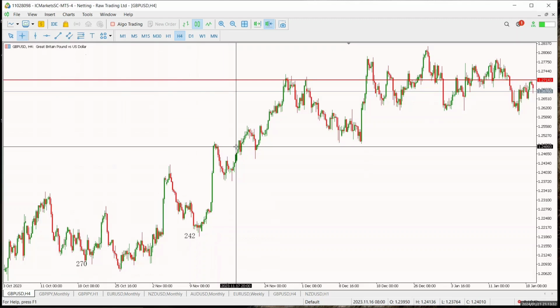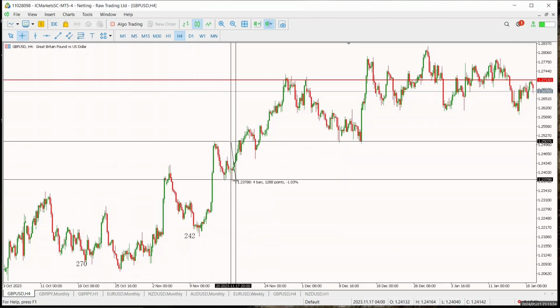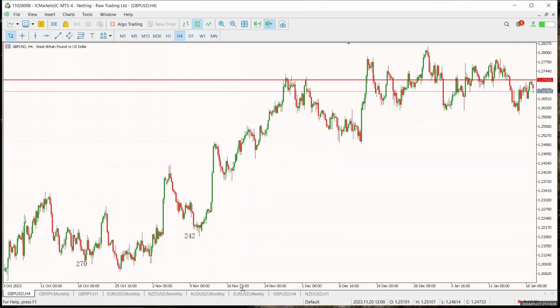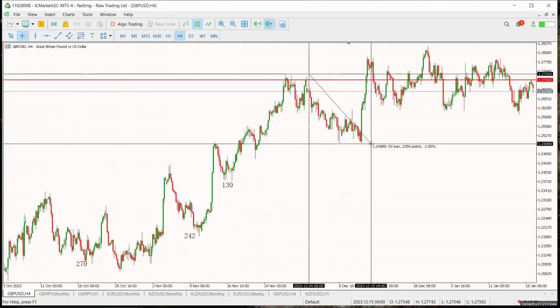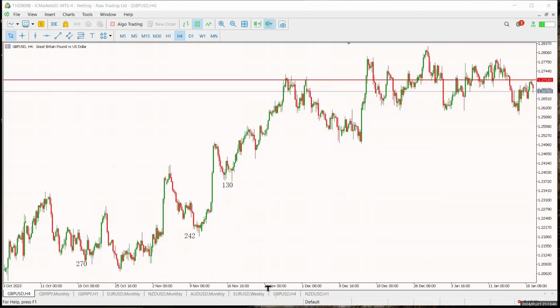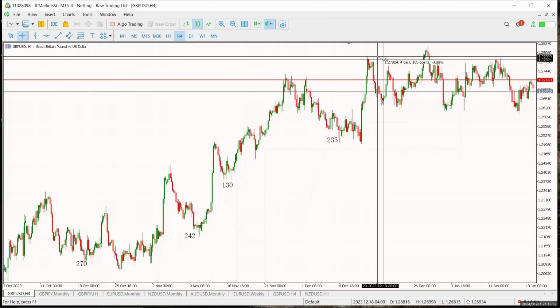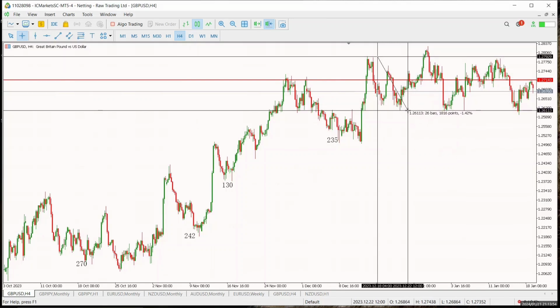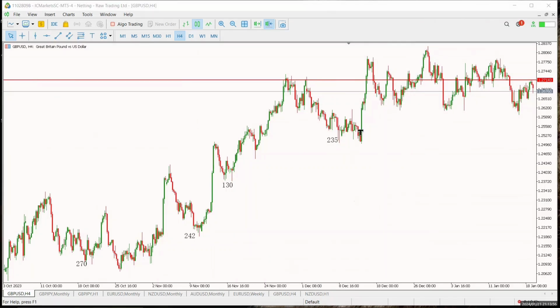Then we'll take it from the high here to the low here. This is 130 pips. Then the next one from the high here to the low here. This is 235 pips. Then the structure that was broken is the structure of the high here to the low here. This is 181 pips.